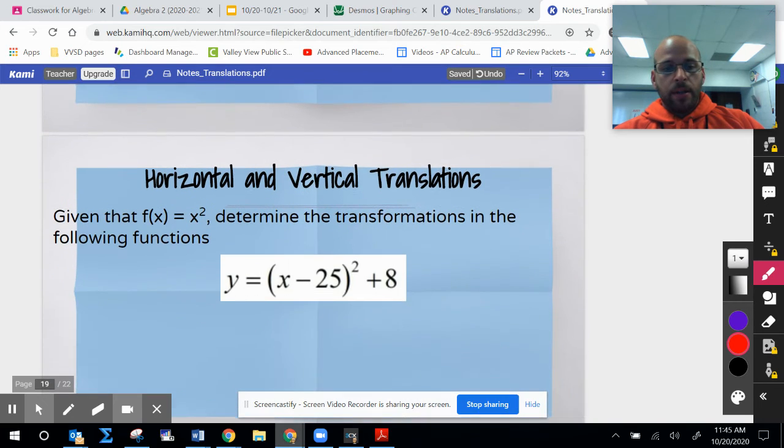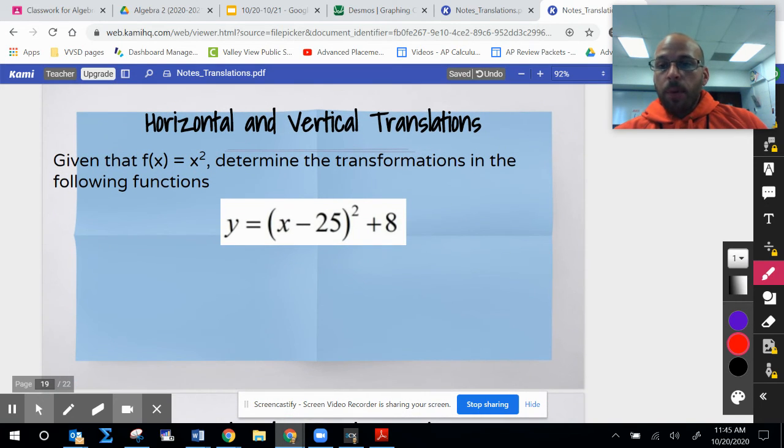All right. Try to pause. Try to do this one on your own. Okay. What are the 2 transformations in this problem?